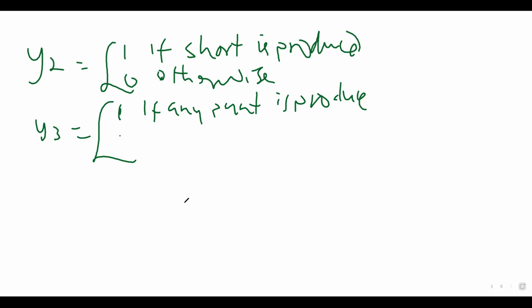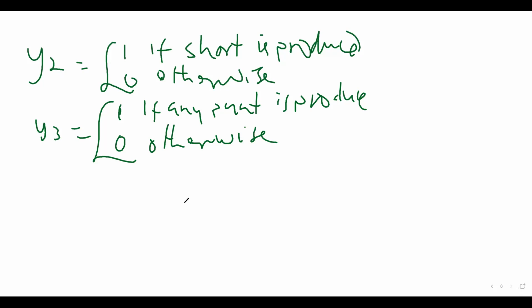And if no pant is produced, then it's not going to be there, so it's 0 otherwise. So these are other decision variables that we've got to decide. We have to decide whether we are going to buy this machinery, and then we also have to decide the number of each item of clothes that we are going to produce. Those are the various kinds of decision variables that are there.